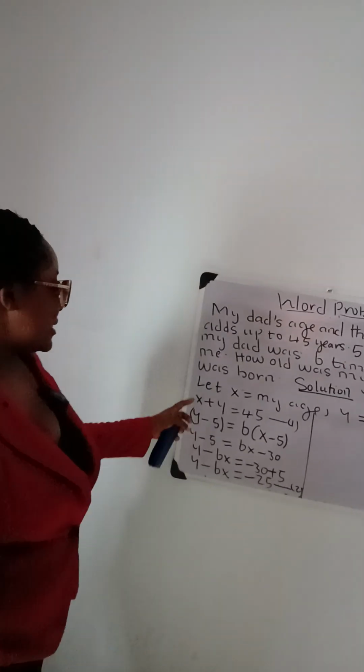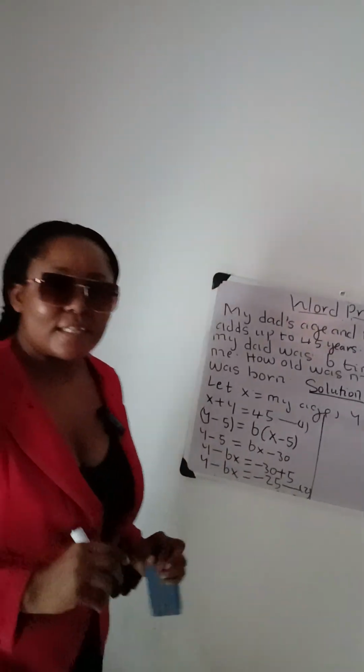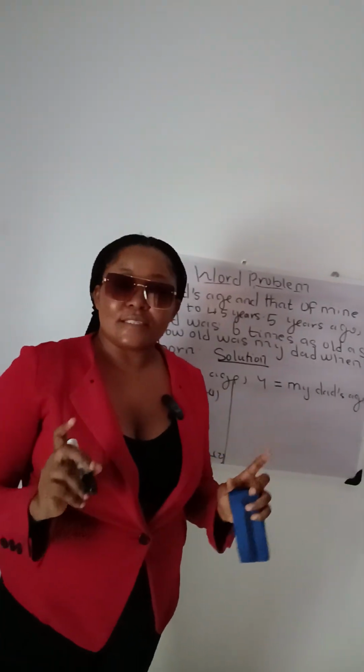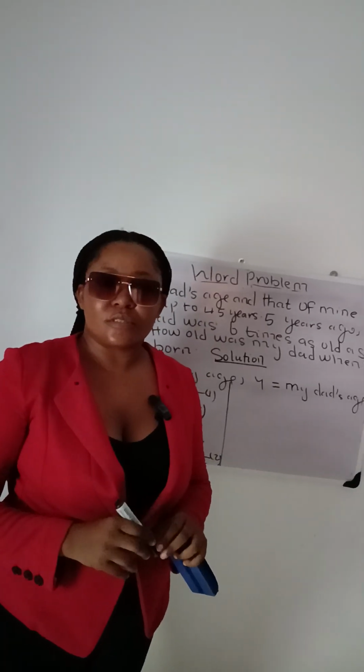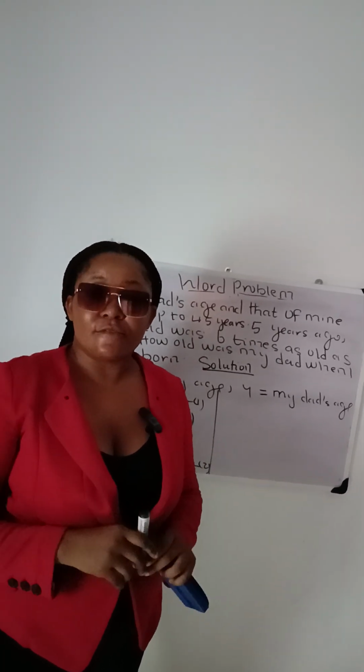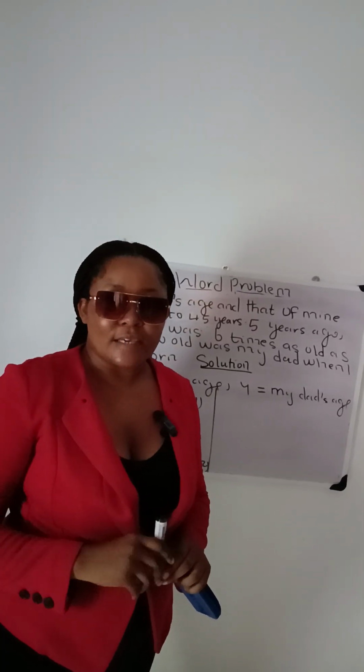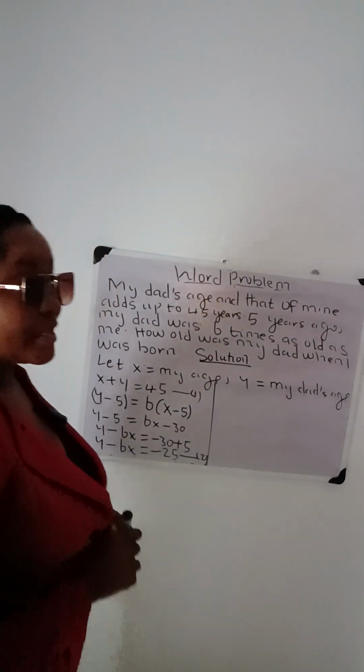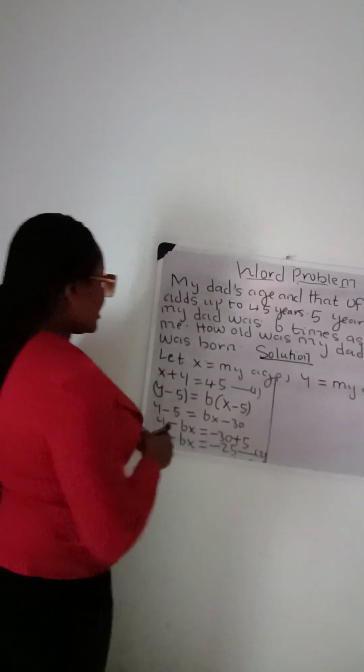So clearly here we have two equations, that is a set of simultaneous equations where we are looking for X and Y representing my age and that of my dad's respectively.